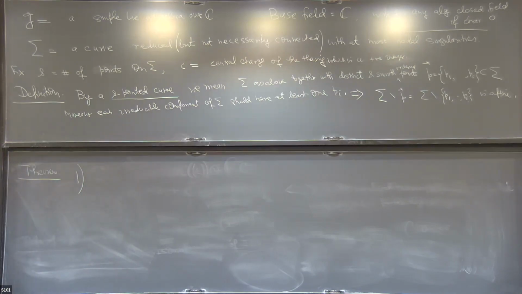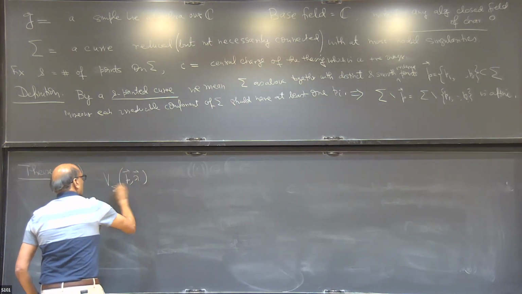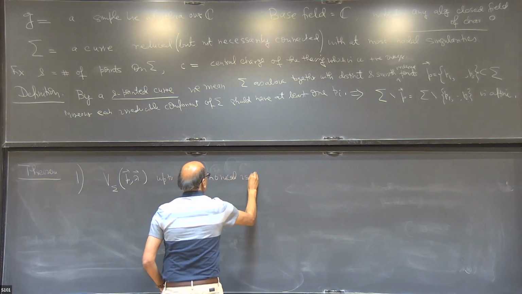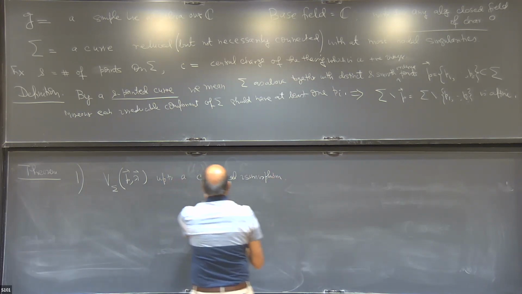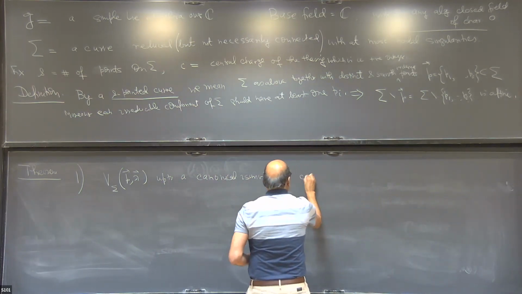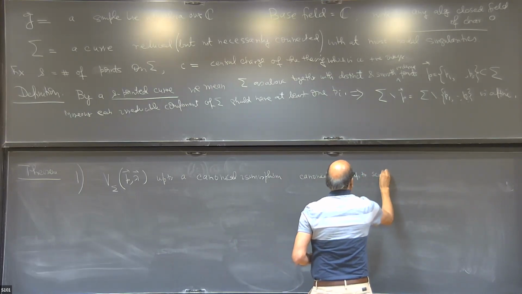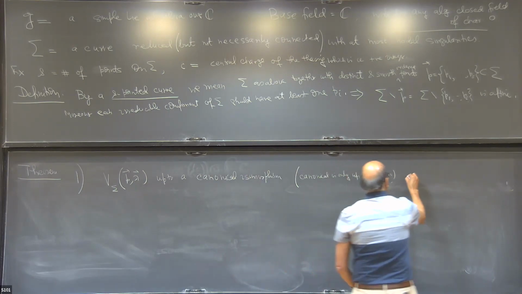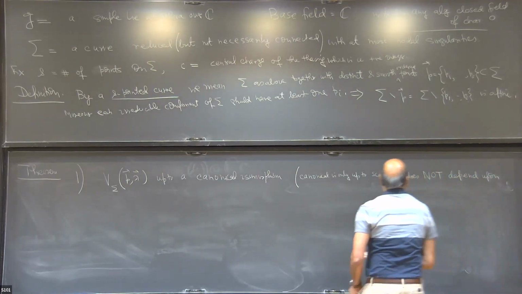Theorem one, that this space V sigma P lambda, up to a canonical isomorphism, does not depend upon the local parameters. Canonical is only up to scalars.